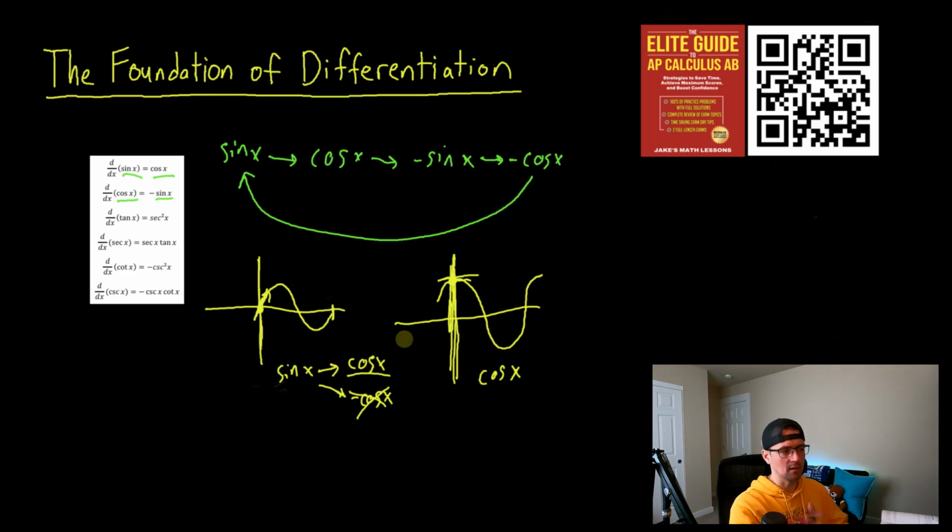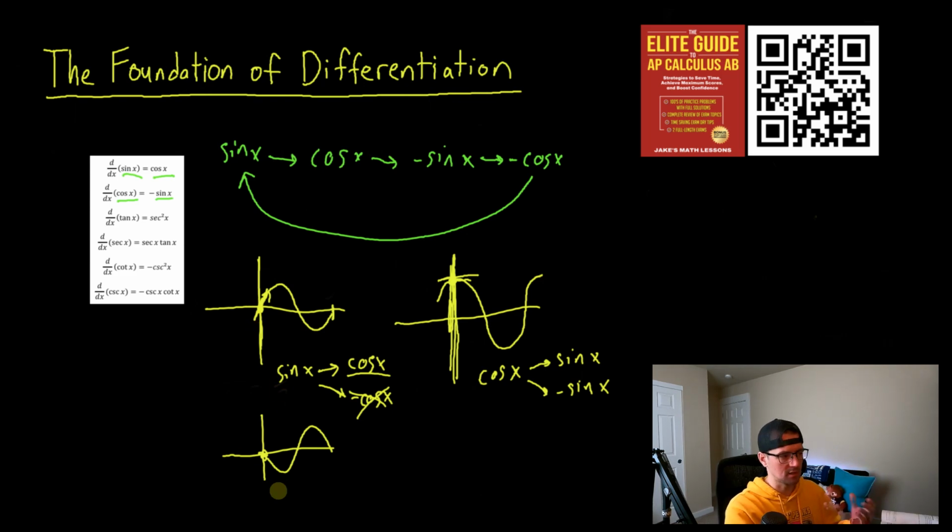That is what causes either sine or negative sine to be the derivative, because the y value of sine and the y value of negative sine is 0 when x is 0. The y value of the derivative tells you the slope of the original at that point. So the slope of cosine is 0 when x is 0. That tells you the y value of its derivative has to be 0. So that's why it's either sine or negative sine.